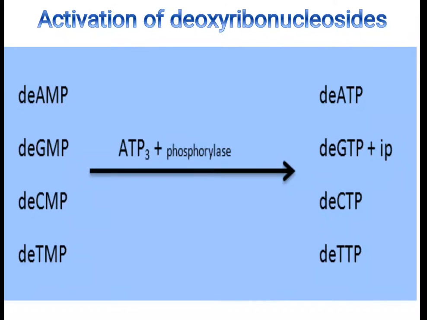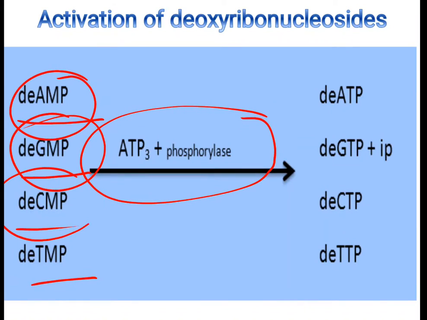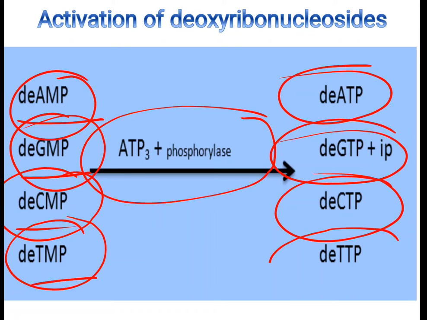These are all activated by ATP, as you can see in this figure. They occur in their monophosphate form, that is adenine monophosphate, guanine monophosphate, cytosine monophosphate and thymine monophosphate. They are activated by ATP to form deoxynucleoside triphosphates, called deoxyadenine triphosphate, guanine triphosphate, cytosine triphosphate and TTP, that is thymine triphosphate.